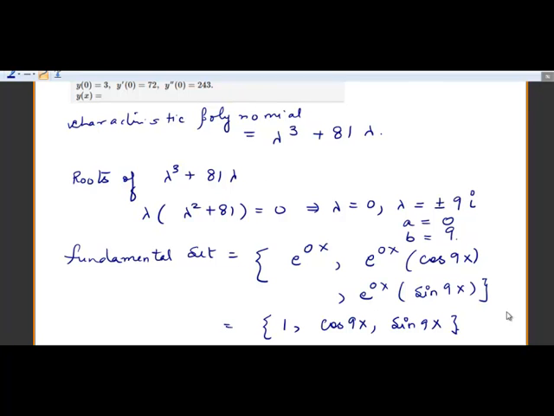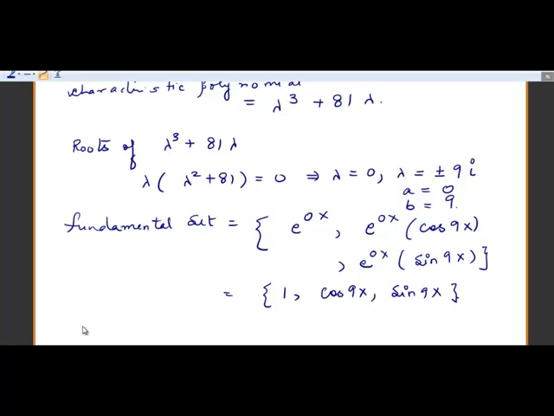Now the general solution of this problem will be a linear combination of members of the fundamental set. So it will be C1 times 1, which is just C1, plus C2 times cosine 9x plus C3 times sine 9x.